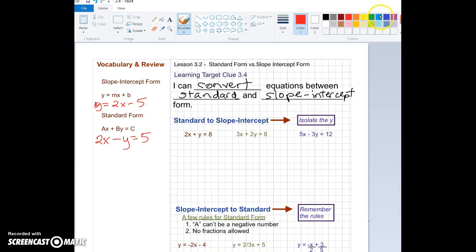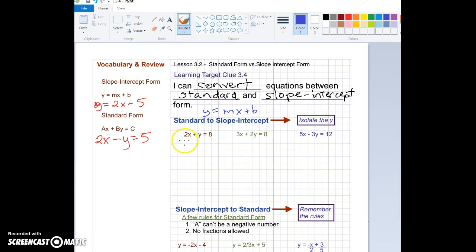So remember, our form for slope-intercept is y equals mx plus b. And the number one goal is to get the y by itself. So we want to isolate the y. If we can get the y on the left-hand side and everything else on the other side, then we're going to have slope-intercept form. So let's go ahead and do that.